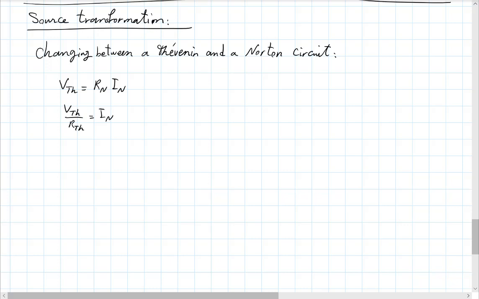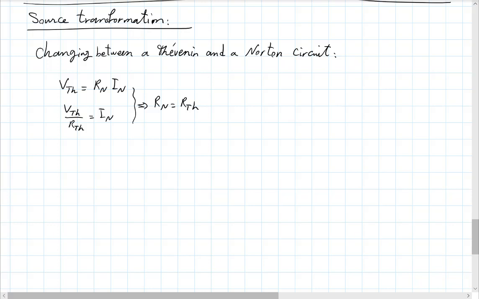Which really means RTH and RN are the same thing, right? So RN is VTH divided by IN, and RTH is also VTH divided by IN. So switching from a Thevenin to a Norton representation is very easy.